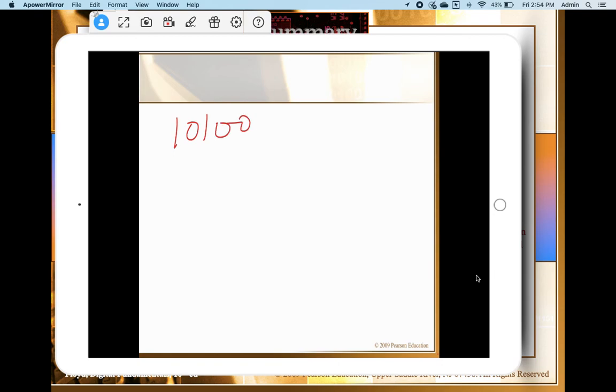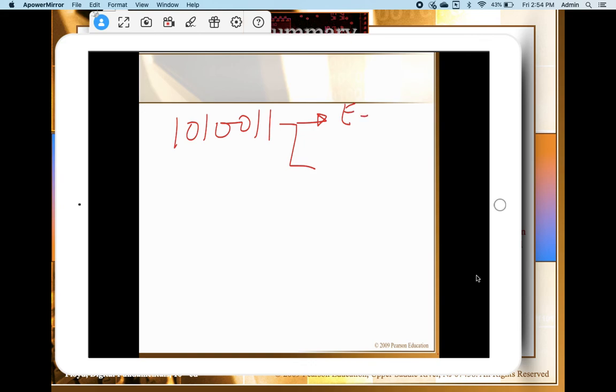Yeah. So this is my data bit, and I want to determine whether its parity is even or odd. So what will I do? I will just check the number of ones. The number of ones is even, so I am saying that it has even parity.